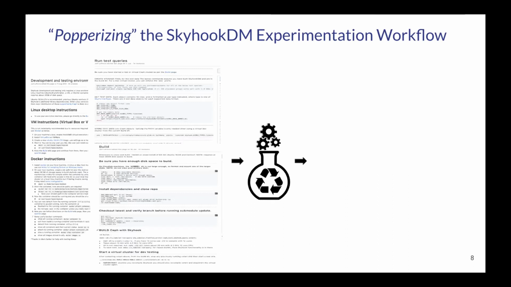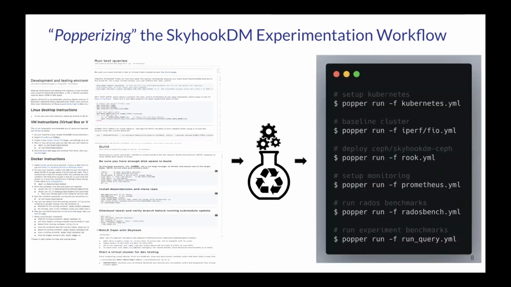So what we did is we took each granular step of a SkyhookDM exploration workflow, like deploying infrastructure in the form of Kubernetes clusters, deploying Skyhook or Ceph, running benchmarks, then running queries on Skyhook.